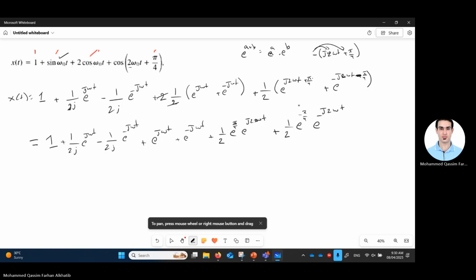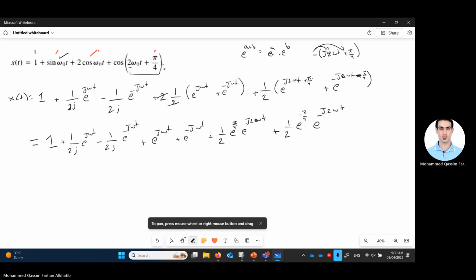Okay. There is a mistake. Can somebody correct me? Think about it. There's something missing. Like in here, it's 2 omega naught t plus pi over 4.